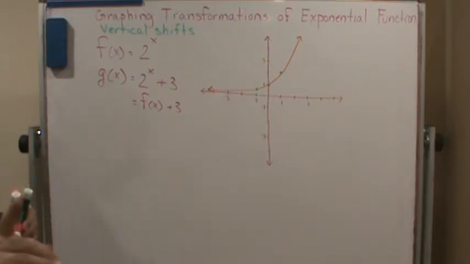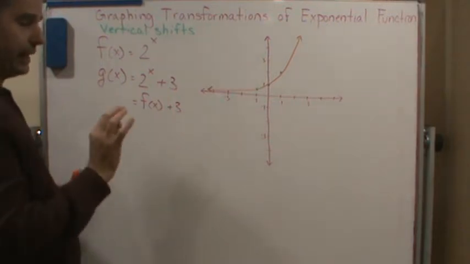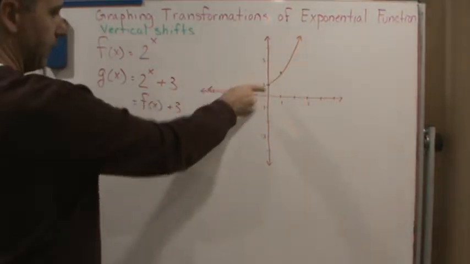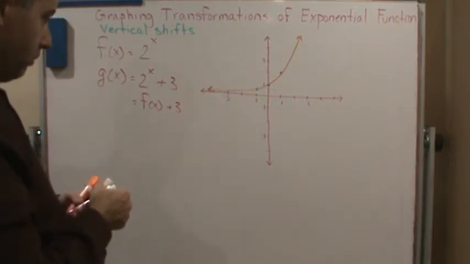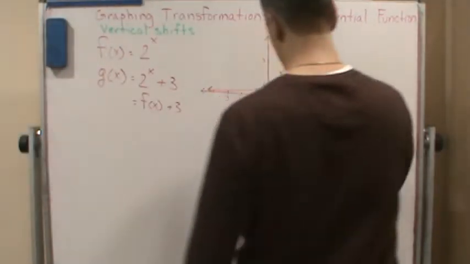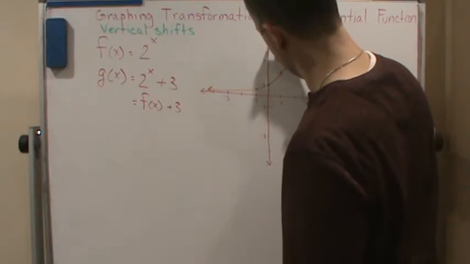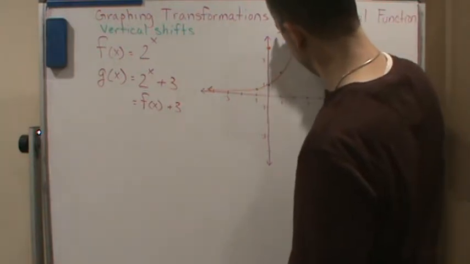Also the horizontal asymptote will be shifted. What would that look like? If we take the 3 common points that all exponential functions go through, which I plotted here, I'm going to move those up. This point is going to move 3 points up: 1, 2, 3. This point moves up 3 to here.